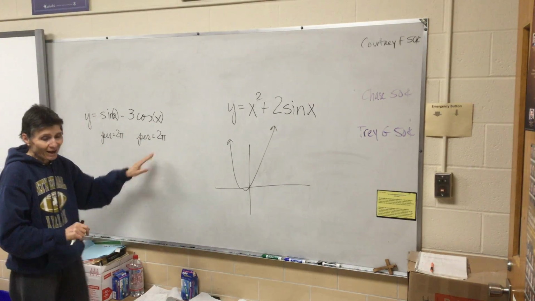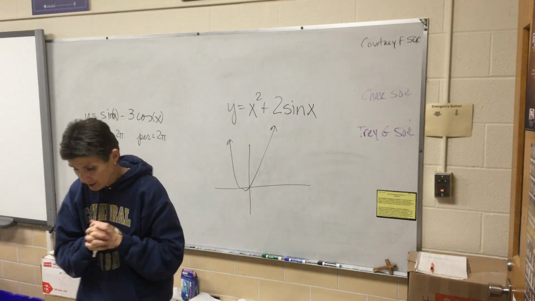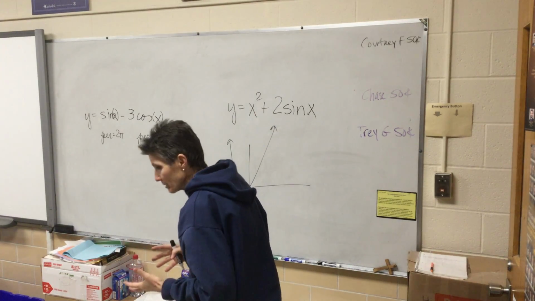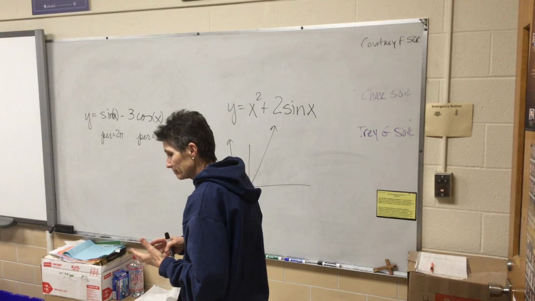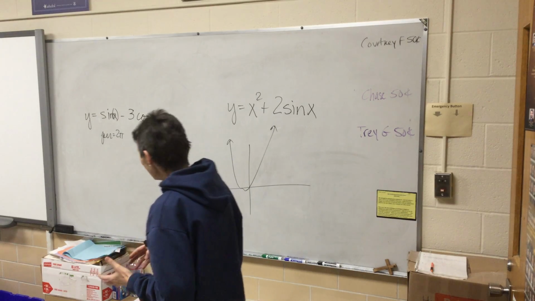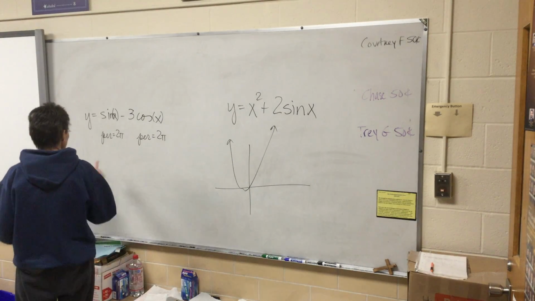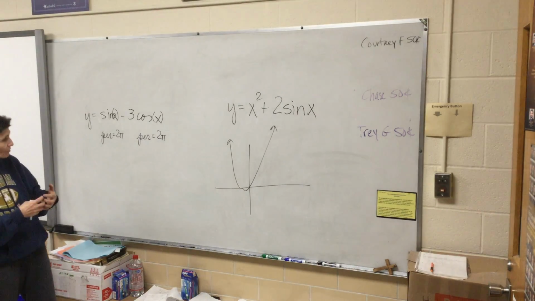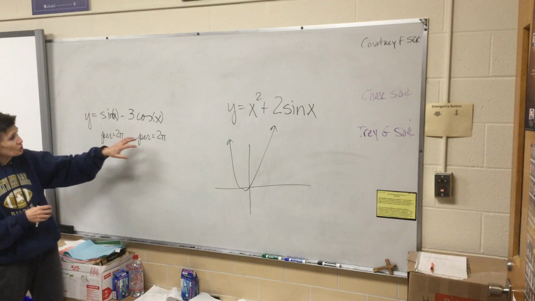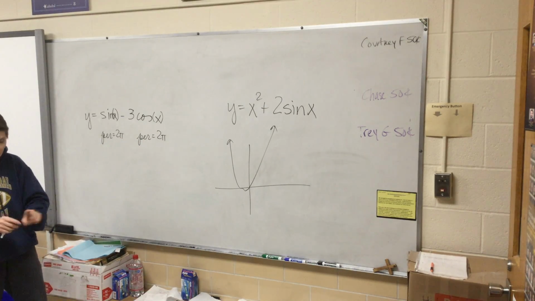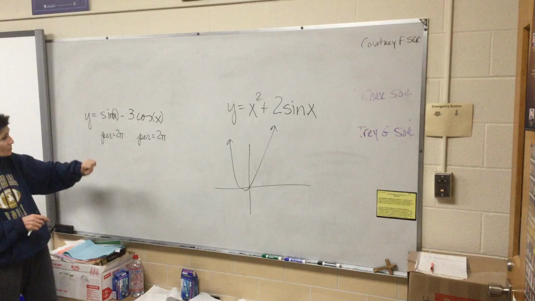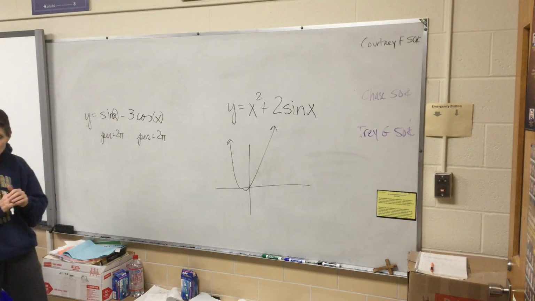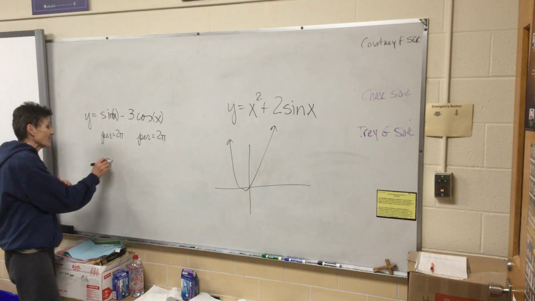When you combine two periodic functions, you're going to get another periodic function. You can combine more than two, but if the periods of the functions you are combining are the same, as they are here, the period of this one's 2 pi, the period of this one's 2 pi, then it is a sinusoid.